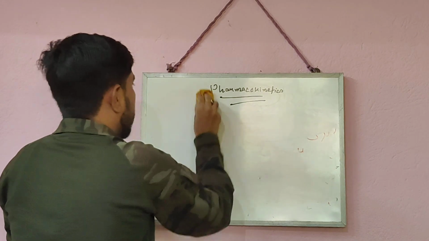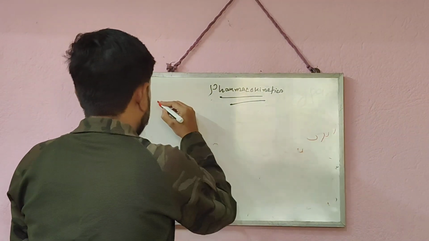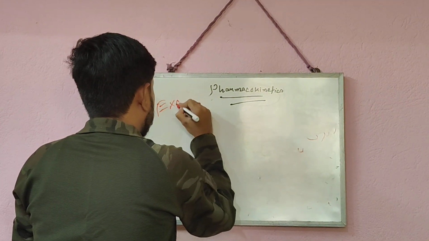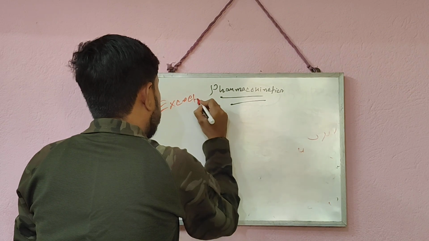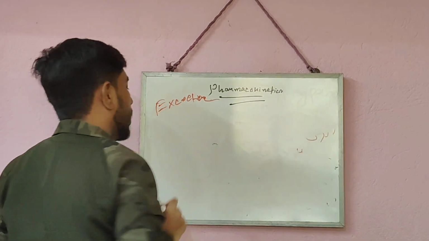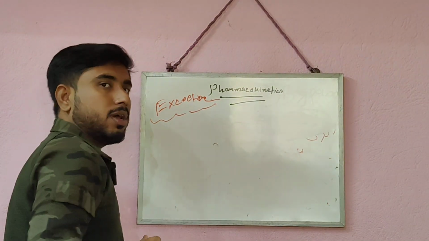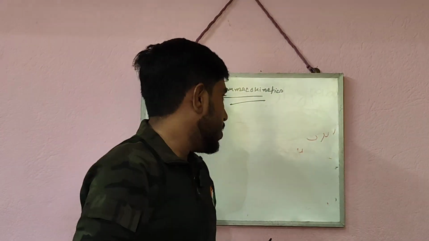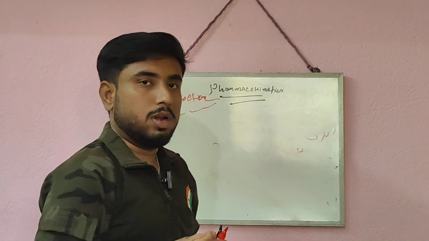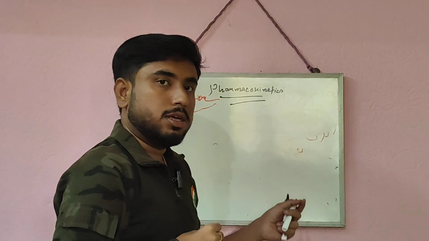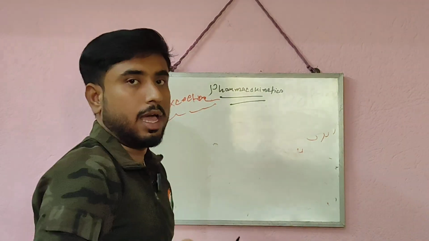The last one is excretion. That is the last process in our pharmacokinetics, and it is also very important for the drug. After the drug is administered, then distributed, then metabolized, the drug reaches the action site and shows its action.